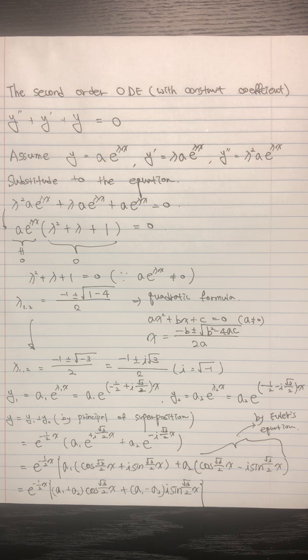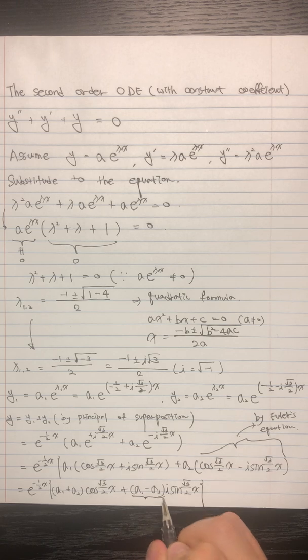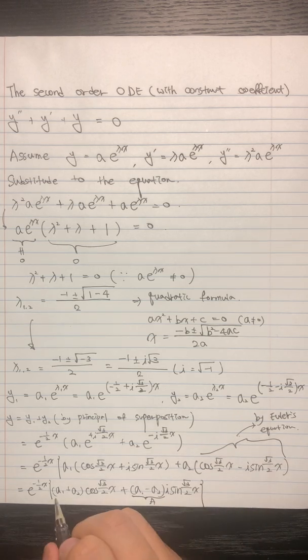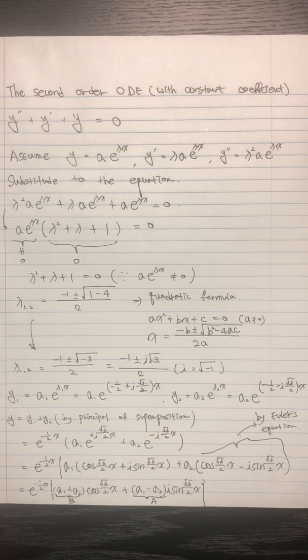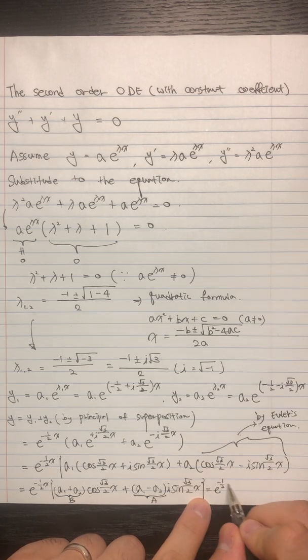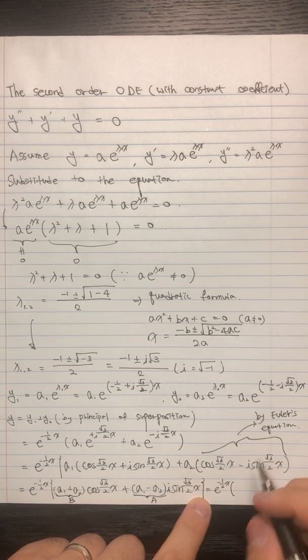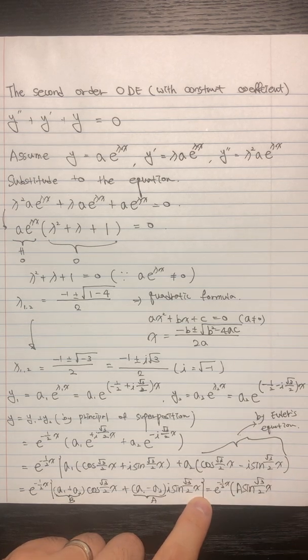So if we call this term capital A and this term capital B, we can rewrite the final answer more simply, right? A sine of square root of 3 over 2 x, right?